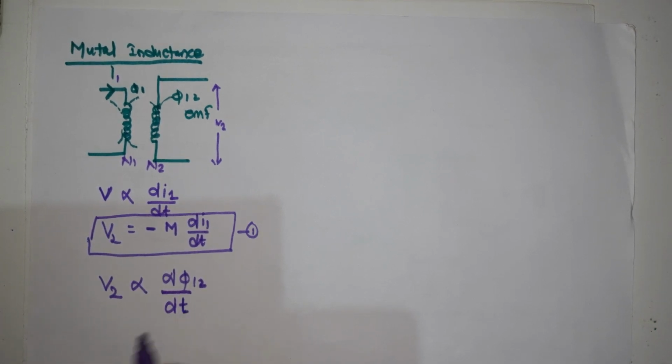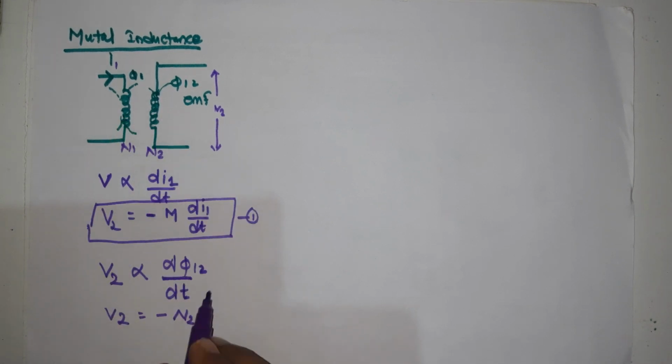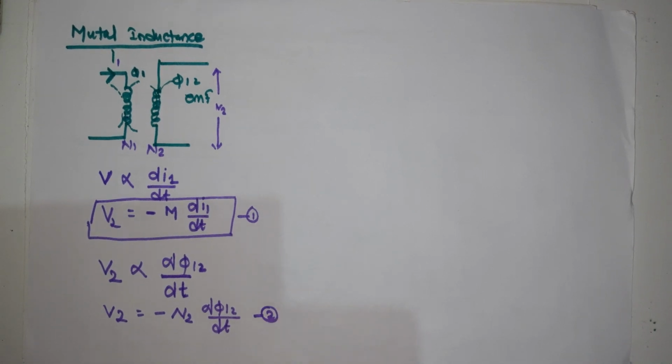Or you can write V2 equal to minus N2 d phi 1 2 divided by dt, where N2 refers to this coil. This is the second equation for mutual inductance.